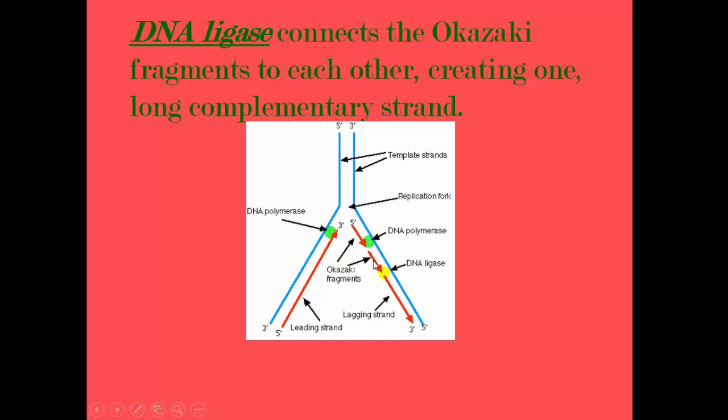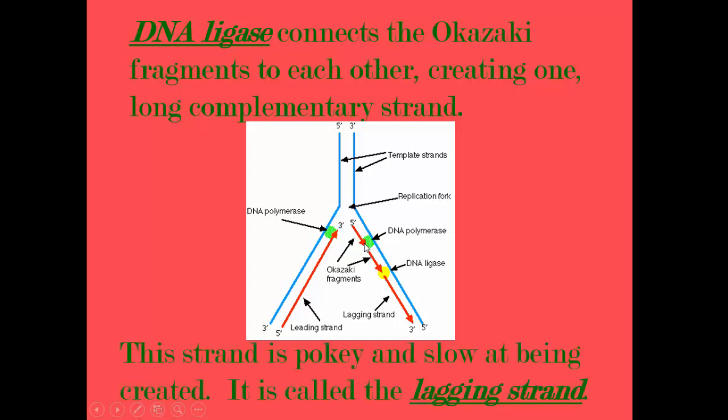Here's another Okazaki fragment, and DNA ligase is connecting them together. And then we have another Okazaki fragment that's just finishing up right now. And when this polymerase releases and goes back to the replication fork, ligase can come in and attach these guys. And so you're going to end up with one whole new complementary strand.